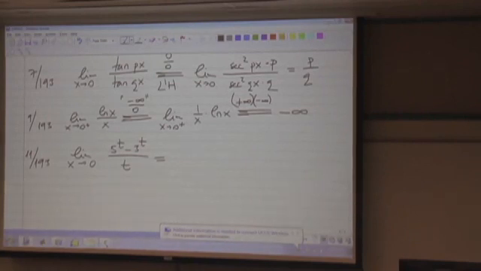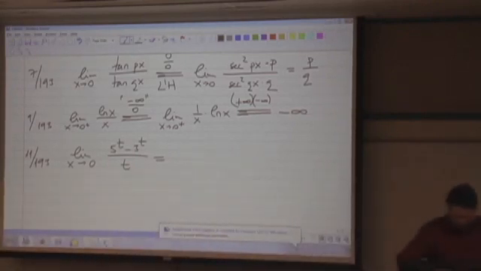Take derivatives? Okay. The answer will surprise you. Oh, I'm sorry, it's supposed to be t. Obviously, if x equals 0, that's just very boring.